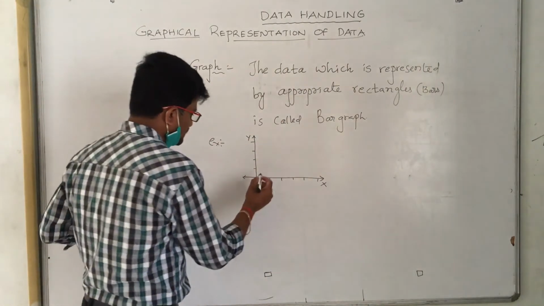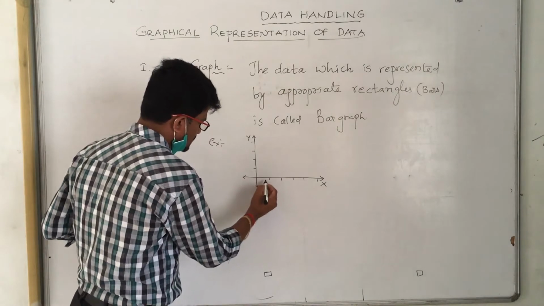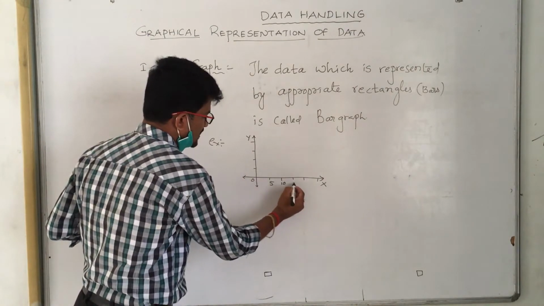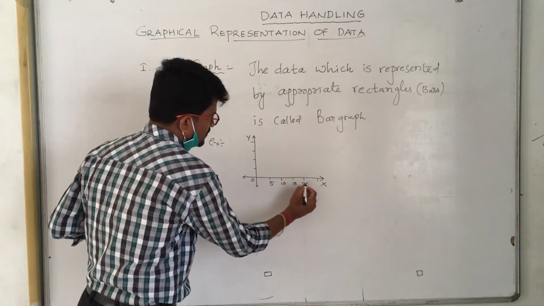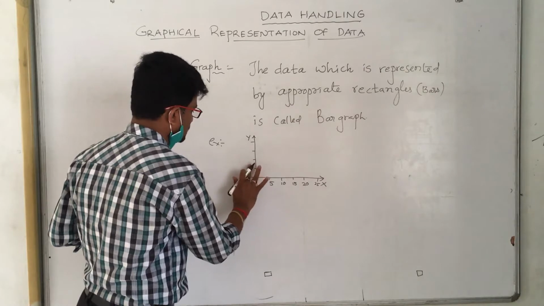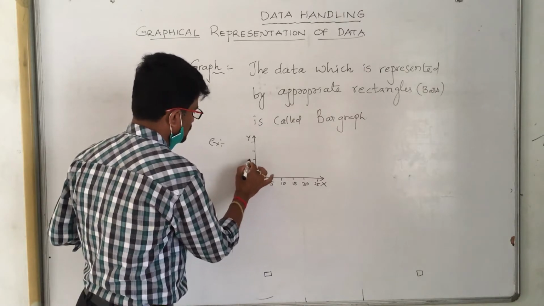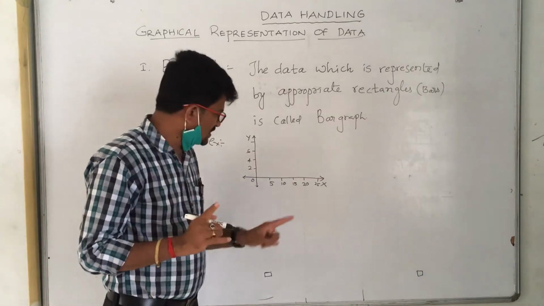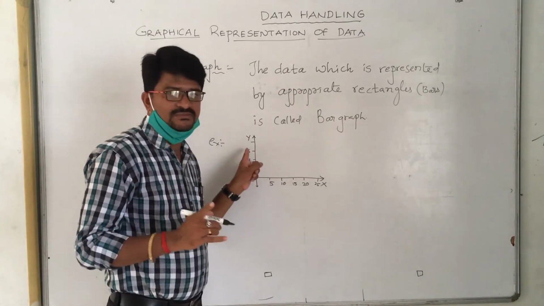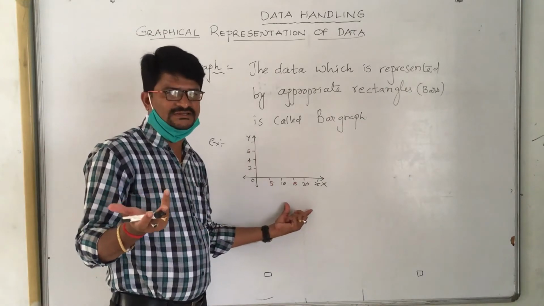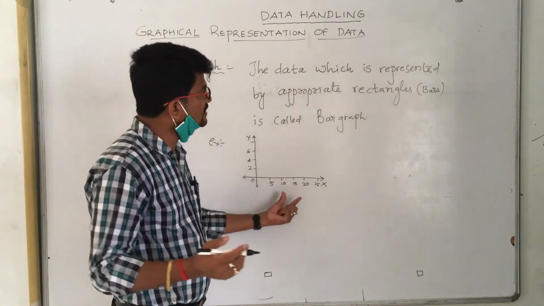For example, 0, 5, 10, 15, 20, 25. Otherwise here 2, 4, 6. One thing you can observe is that the x-axis scale and y-axis scale may be different. You need not worry. You can take different scales.